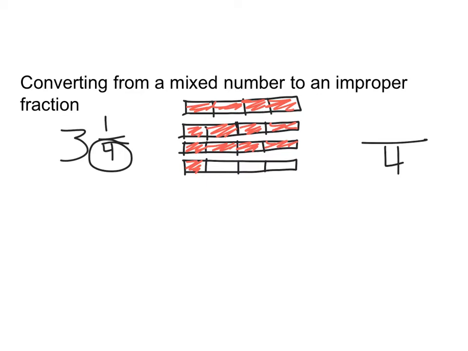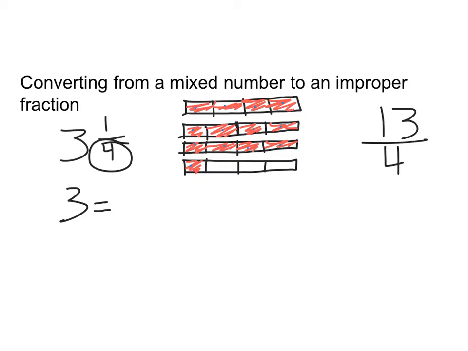I could just count them up. There's 1, 2, 3, 4, 5, 6, 7, 8, 9, 10, 11, 12, 13 fourths. Hooray, 13 fourths. But it'd be nice if I had a way to do this that didn't involve drawing out all the fraction bars, because that can get really annoying really fast. So we are going to think about how I can write 3 in terms of fourths.